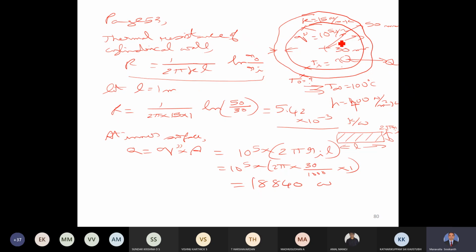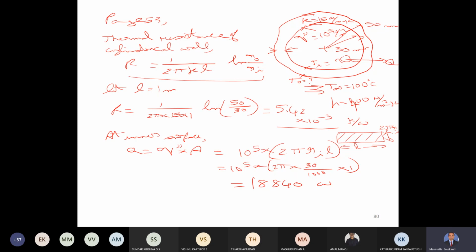So in the inner wall, we are given certain heat flux. Using that heat flux and the inner radius, we could calculate the heat transferred at the inner wall. Now, under steady state conditions, heat transferred on the inner wall should be the same as the heat transferred across the wall. It should be the same as the heat convected from the outer wall. So using these concepts, we have developed some equations.